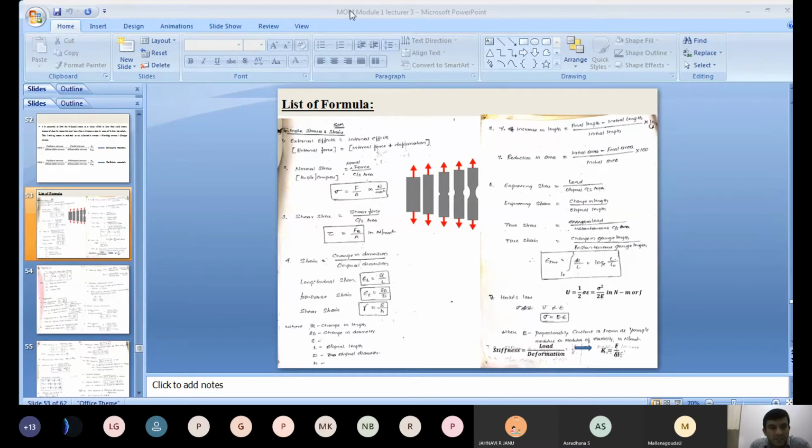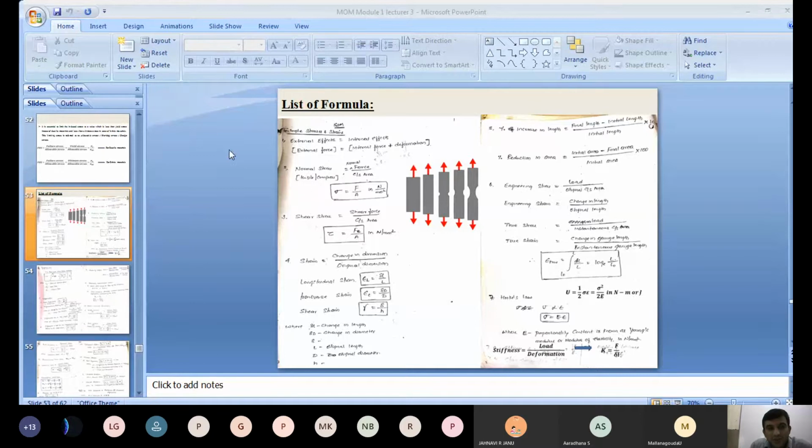Tensile and compressive stress are also called normal stresses, because they are perpendicular to the cross-section, acting along the axis. Normal means perpendicular to the cross-sectional area. The normal stress may be tensile or compressive in nature.